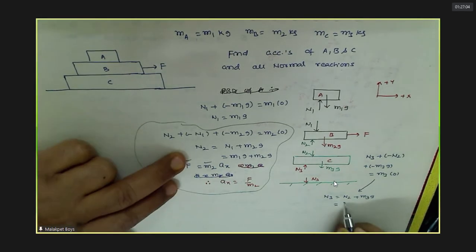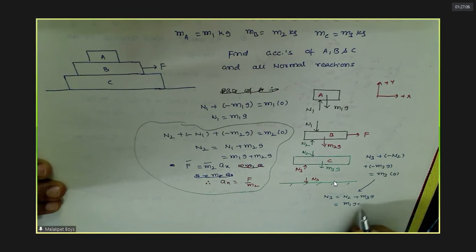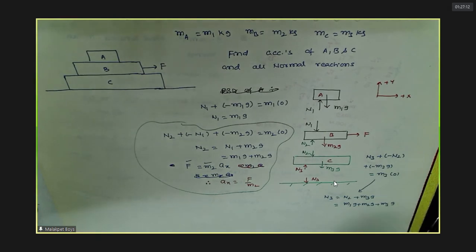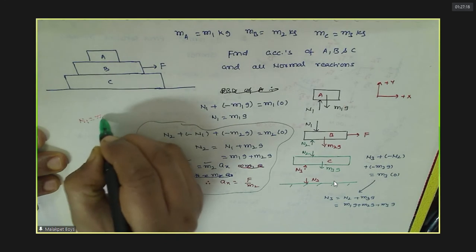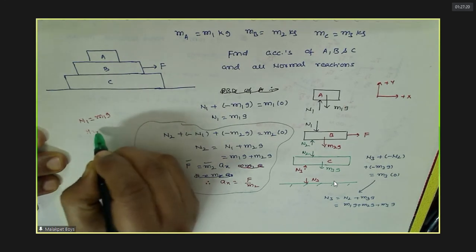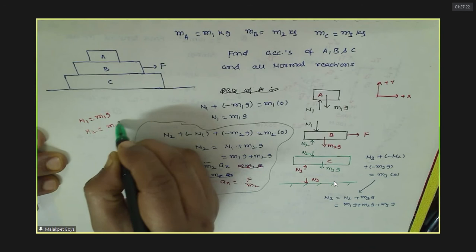N2 is nothing but this. So you got how many normal reactions? N1 is known. We found N2 also.